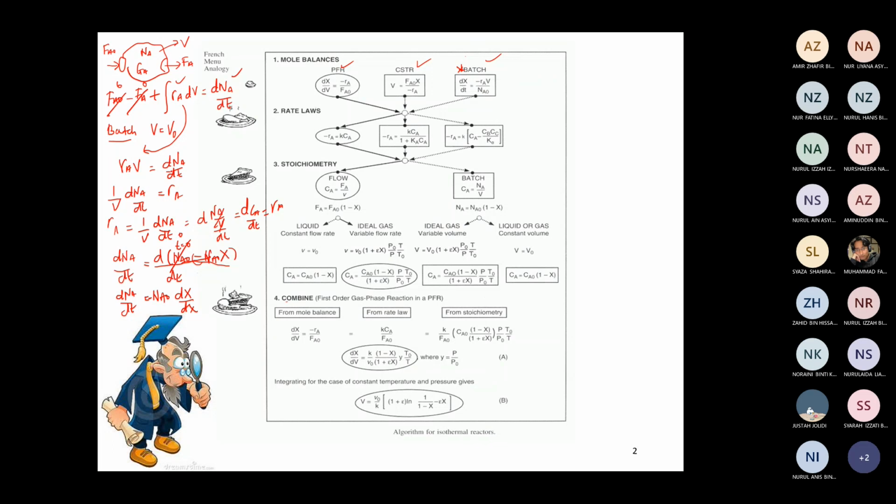Make sure you put a negative sign because there is a negative here. Just rearrange it. Remember what dNA dt is: dNA dt is equal to RA V here. So replace dNA dt with RA V, and when you rearrange it, you will get this. Clear, everyone?